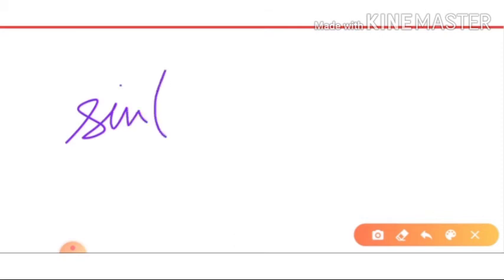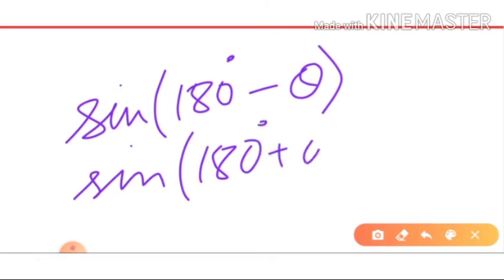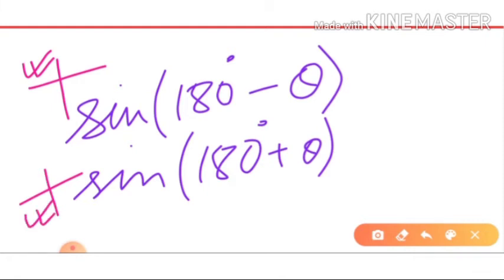Now we'll come to the even ones. For example, sine of 180 degree minus theta and sine of 180 degree plus theta. 180 degree minus theta is in the second quadrant, and 180 degree plus theta is in the third quadrant.